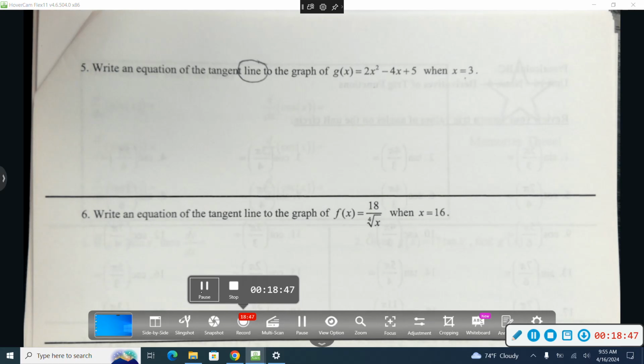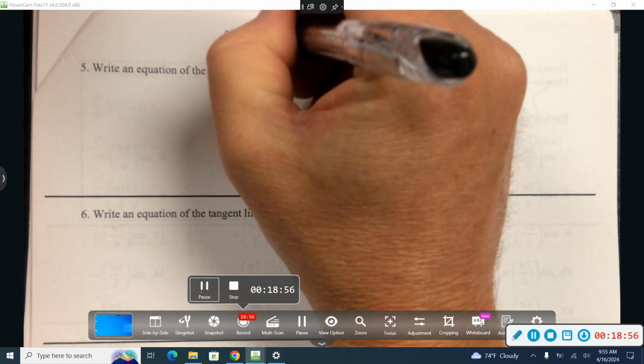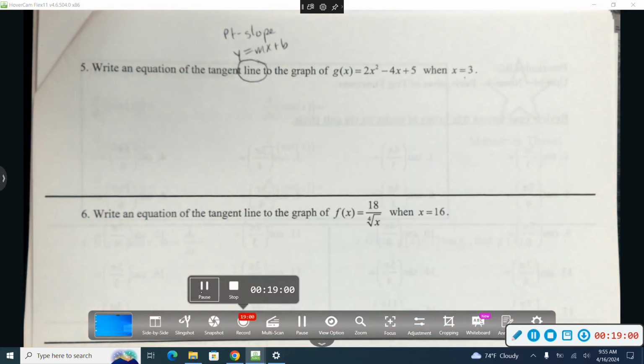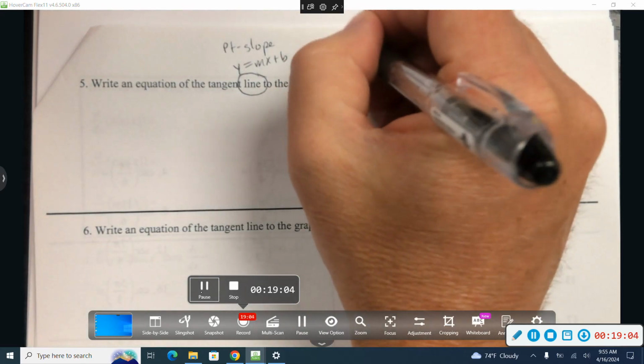It goes way back to 8th grade algebra here. You remember the formats of the line? Point slope form, that was one form. Y equals mx plus b. There was also a standard form that nobody liked because, why would you do ax plus by equals c?